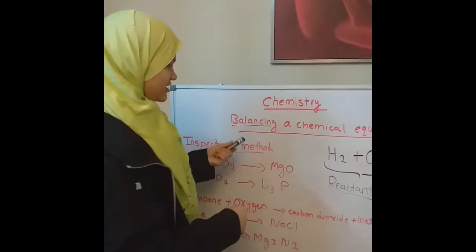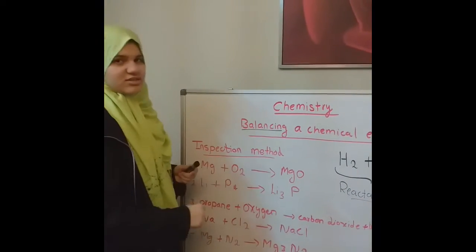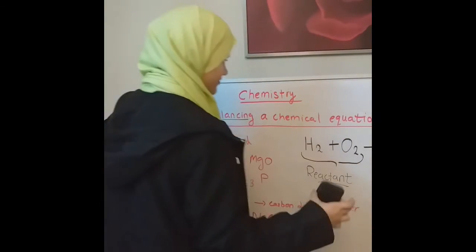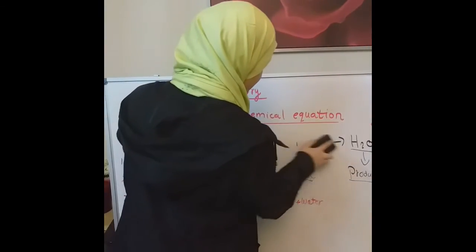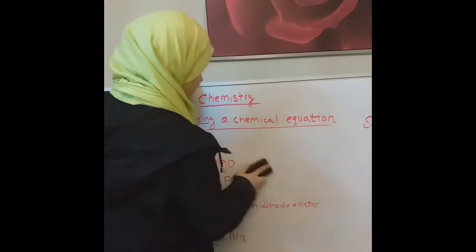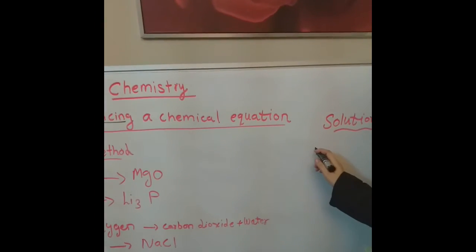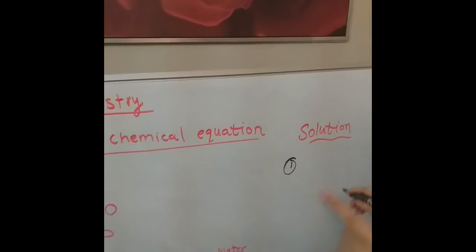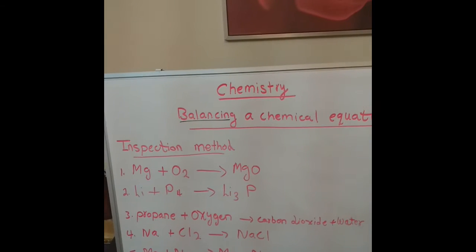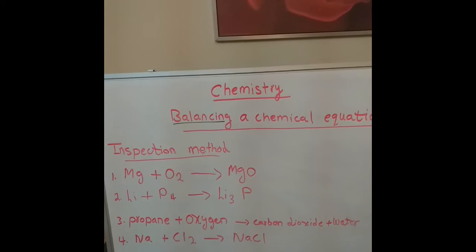So let us go with some examples for the inspection method. The first example says magnesium plus oxygen is equal to magnesium oxide.